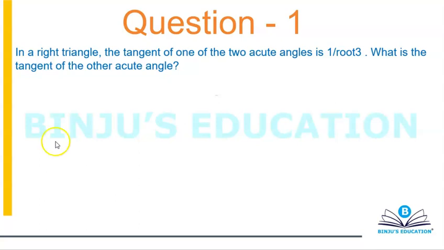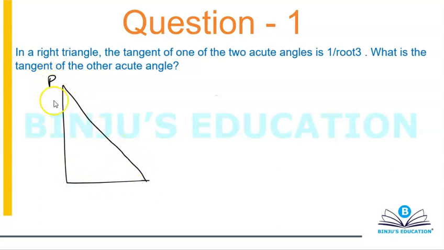In a right angle triangle, let's first of all draw a right angle triangle. The tangent of one of the two acute angles.